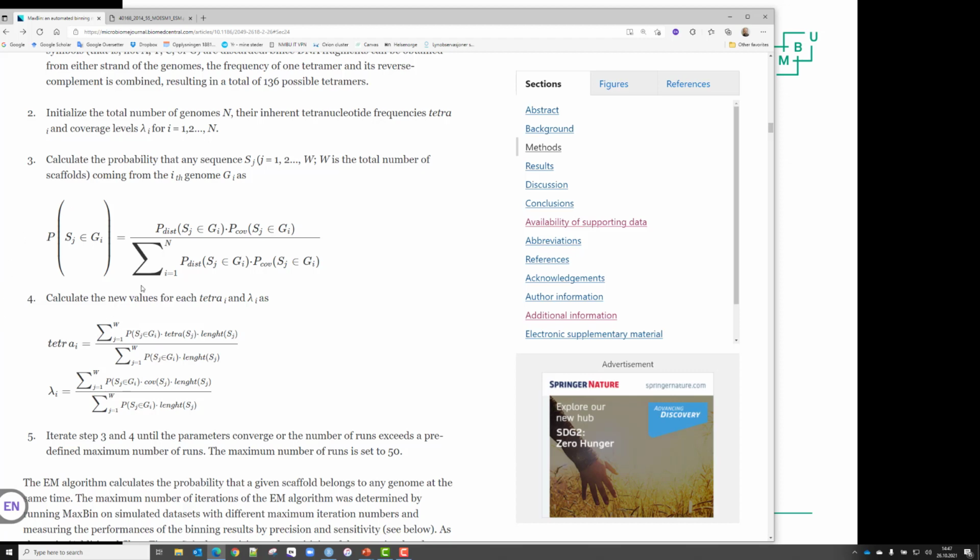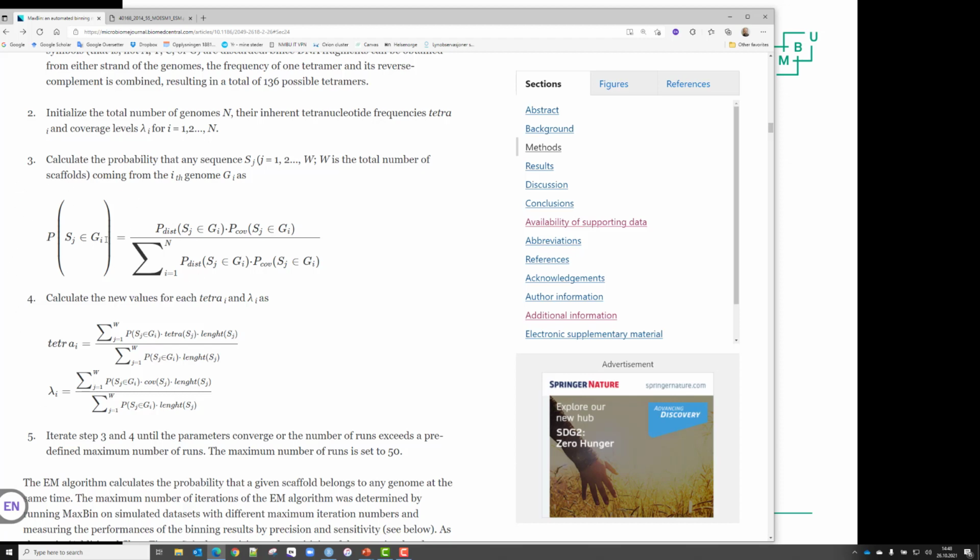And then you go back here again and do this all over again with the new values of tetra and lambda for each bin. So actually step 3 and 4 is repeated until convergence.